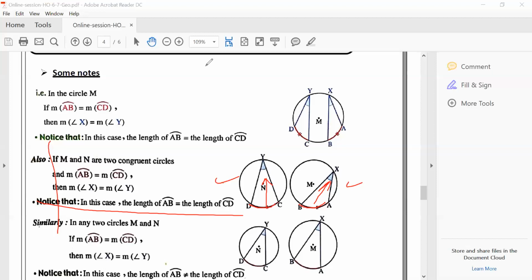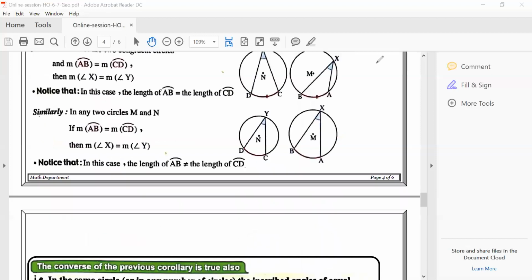But in the third case here, if I have two circles, they are not congruent. As you see, the radius of N is smaller than the radius of M. If I have measure AB equal measure of CD, also the angle will be equal the angle.